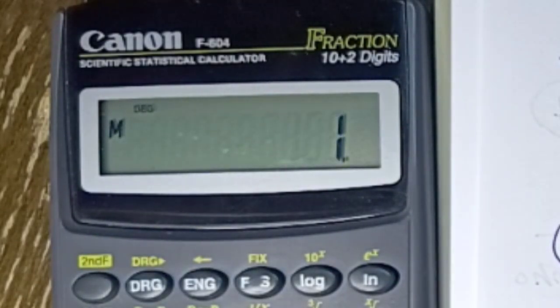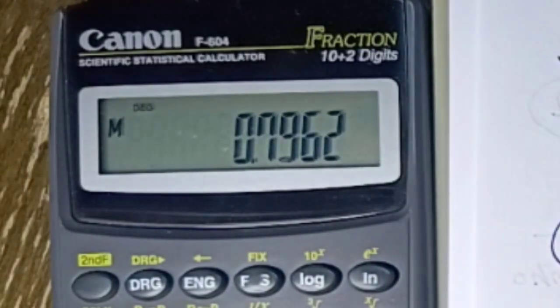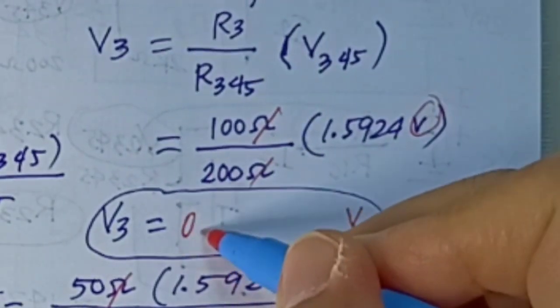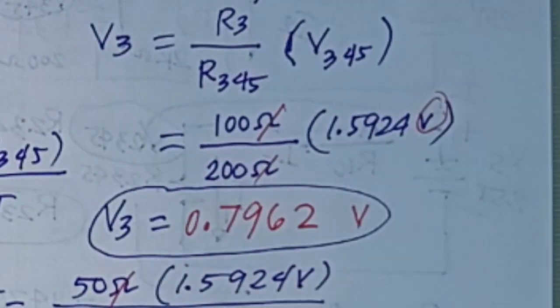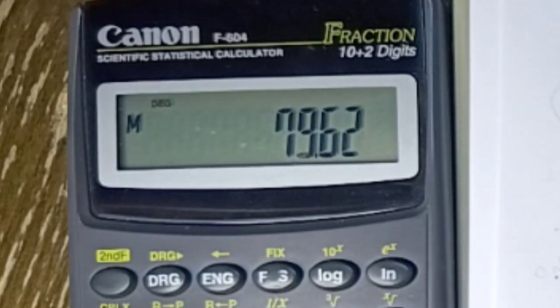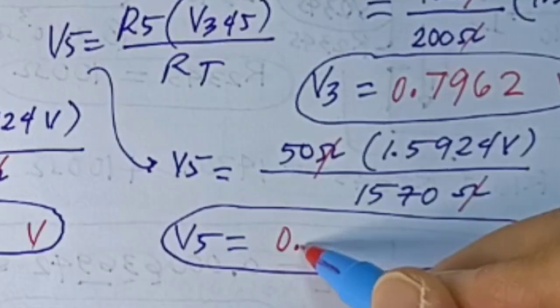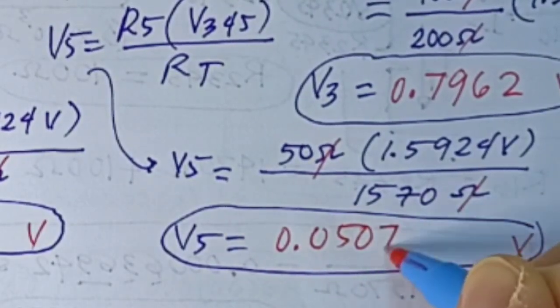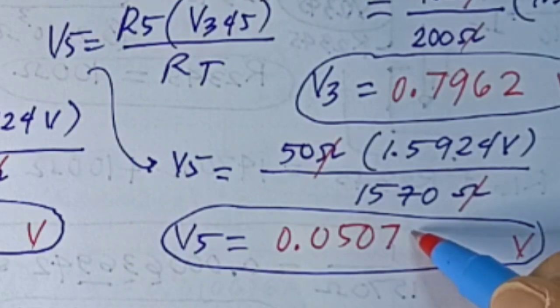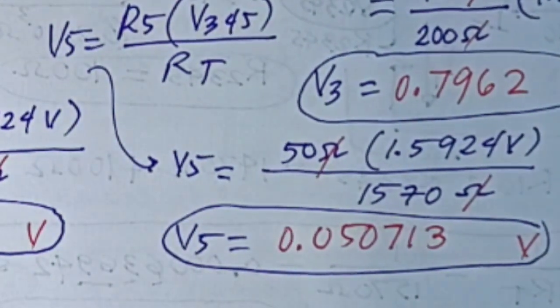Okay, 100 multiplied by 1.5924, divided by 200, we'll get 0.7962. Then the other one, 50 multiplied by 1.5924 equals 79.62, divided by 1570, we will get 0.050713 volts.